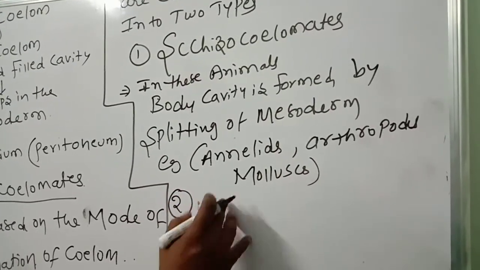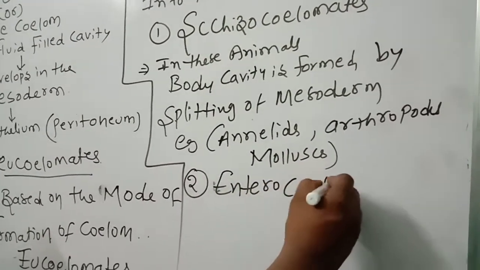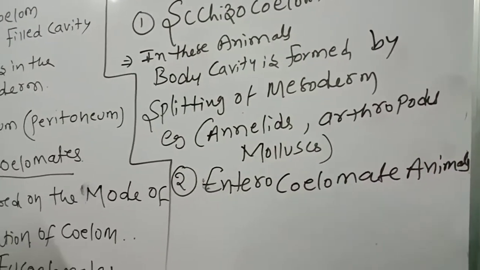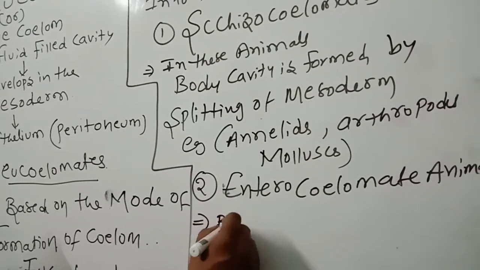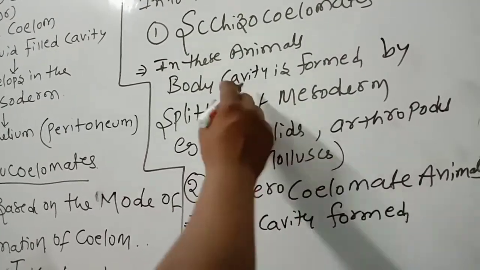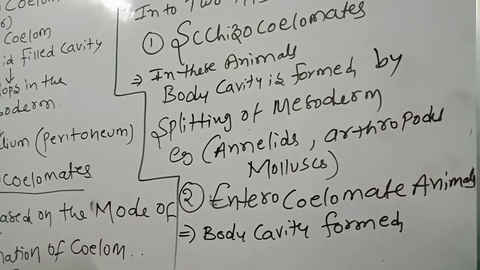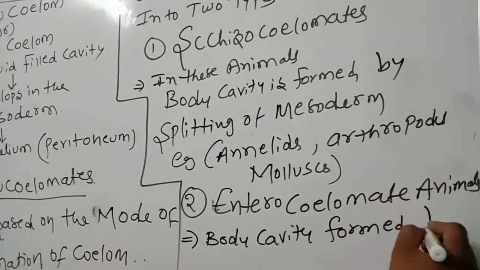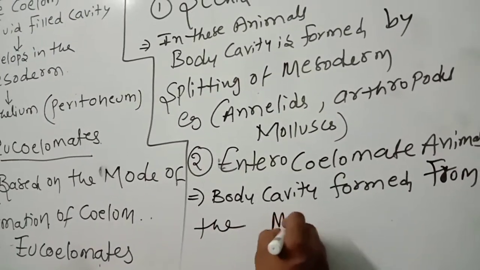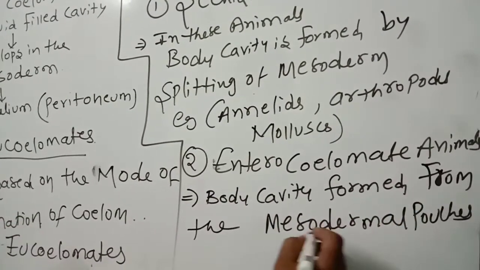The next one is enterocoelomates. In enterocoelomate animals, the body cavity is not formed by splitting of mesoderm, but from the mesodermal pouches of the archenteron.